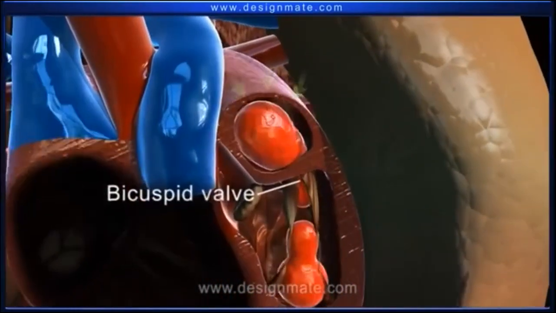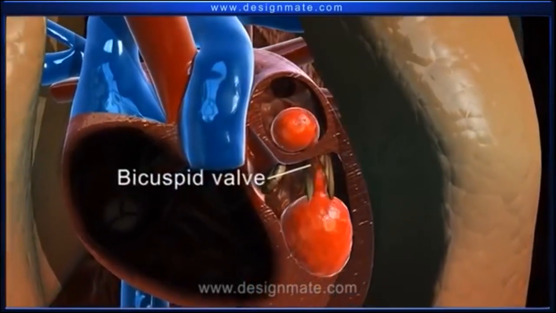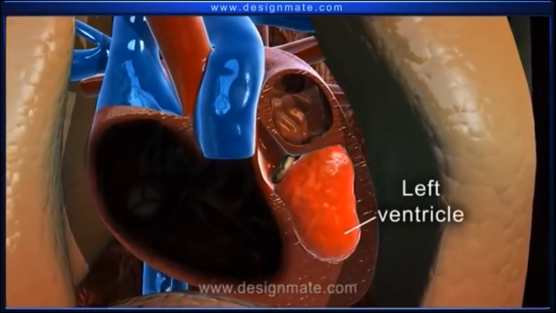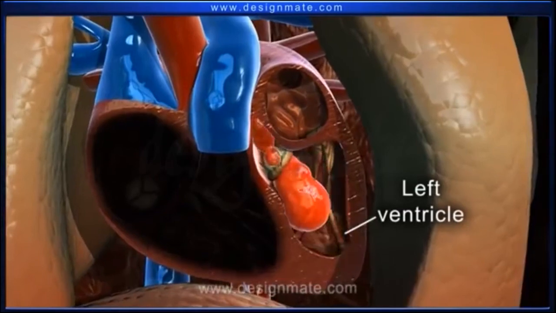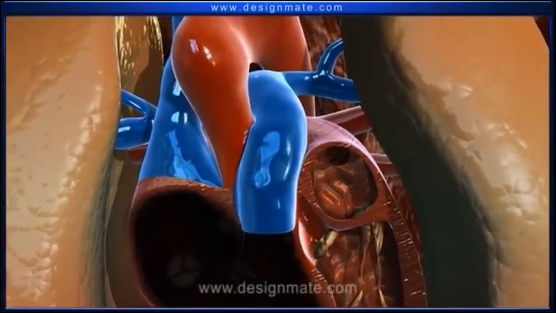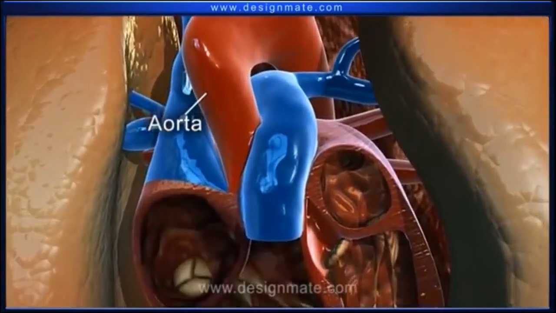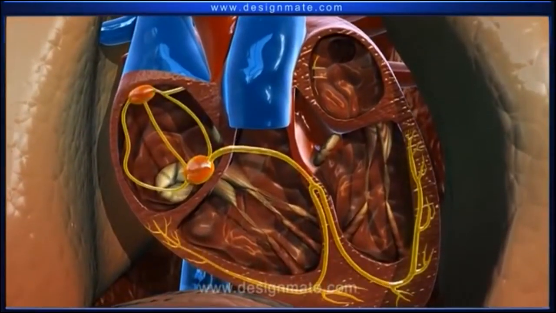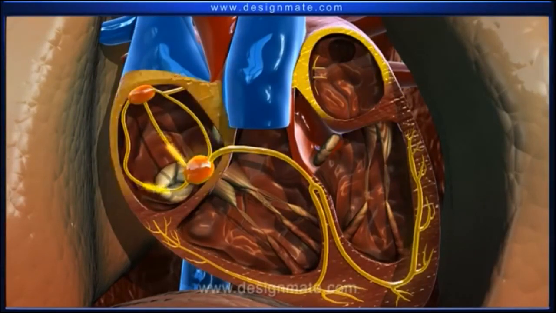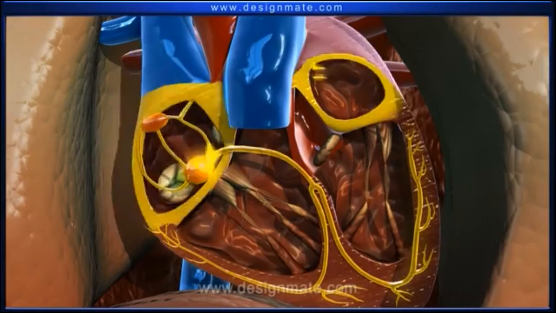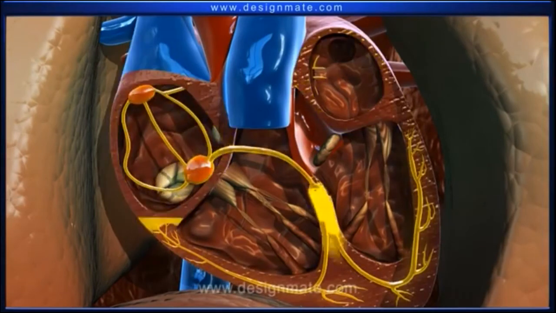During atrial contraction, blood passes through the bicuspid valve into the left ventricle. During ventricular contraction, the blood pushes its way into the aorta, from where it flows to various parts of the body. The heart muscles continuously generate impulses which cause the rhythmic contraction and relaxation of atria and ventricles.